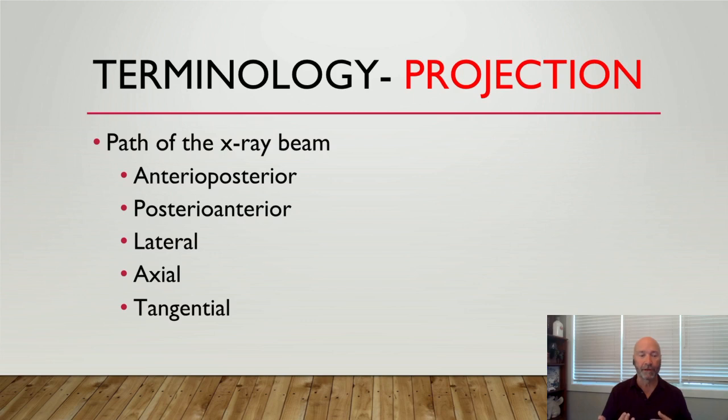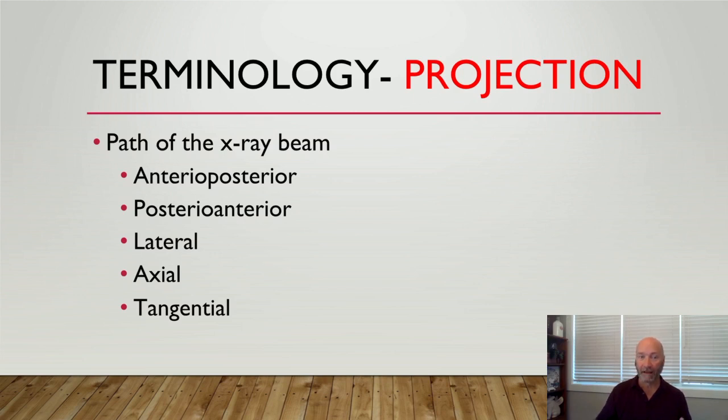So an axial projection would be a projection where maybe the X-ray beam is coming from below the patient just a little bit, and it can be entering the anterior portion, exiting the posterior portion, and that would be an anterior-posterior axial projection. Axial just means that there's an angulation on the central ray, or the X-ray beam.